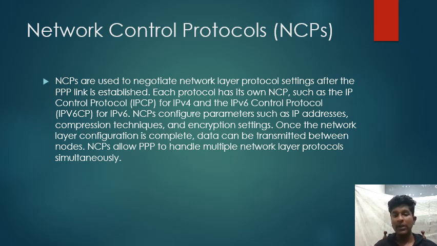NCPs configure parameters such as IP addresses, compression techniques, and encryption settings. Once the network layer configuration is complete, data can be transmitted between nodes. NCPs allow PPP to handle multiple network layer protocols simultaneously.